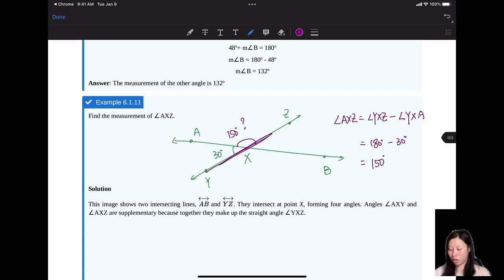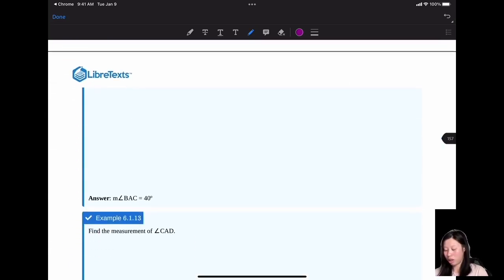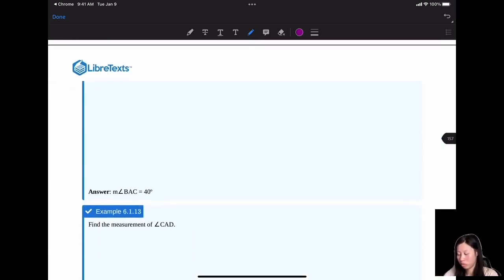Okay, let's do something a little bit more complicated, such as this one. Giving you a graph that looks like this.